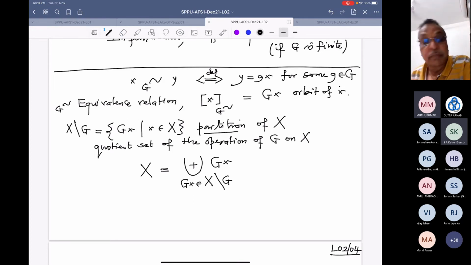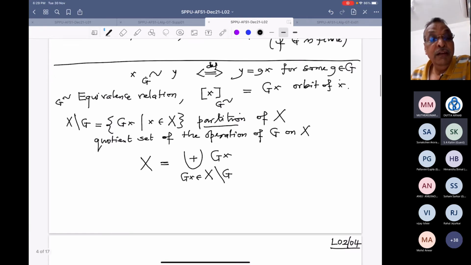Now I don't have to explain, because when you write that, it means you are only looking at the distinct orbits and they don't intersect. All right. So what happened to the cardinality then?